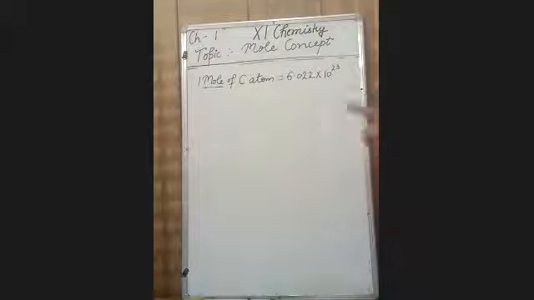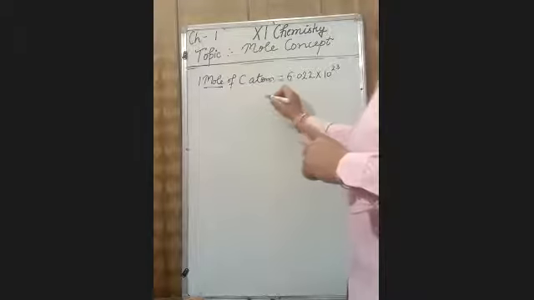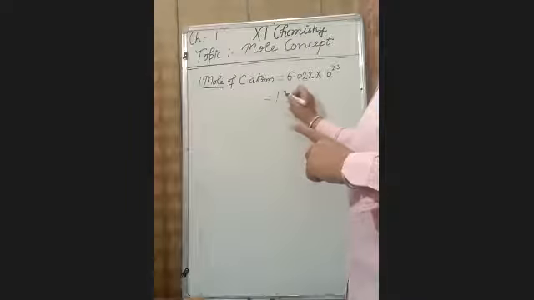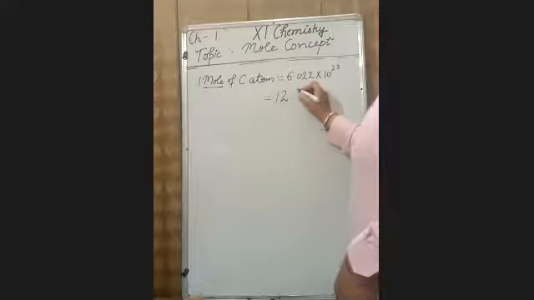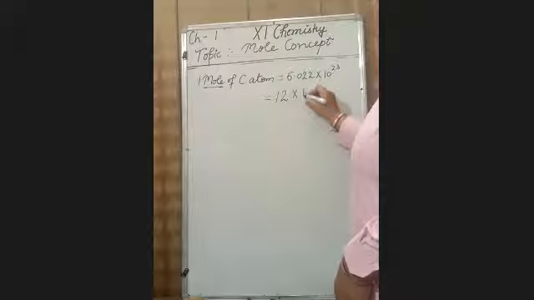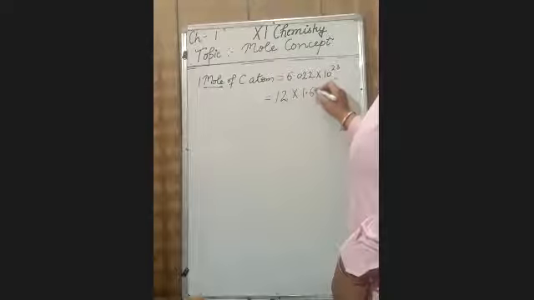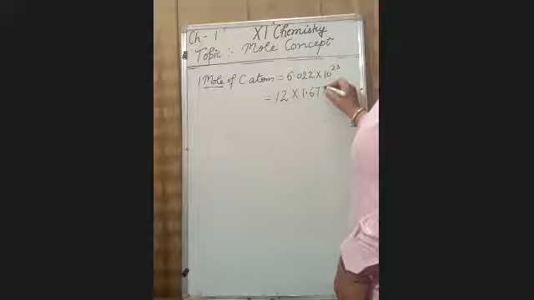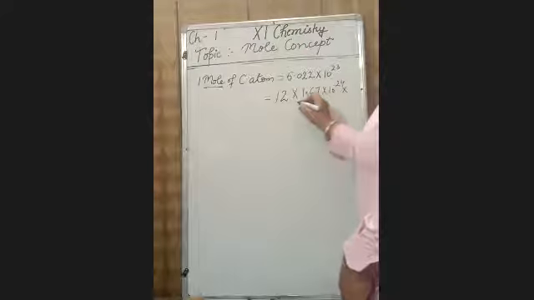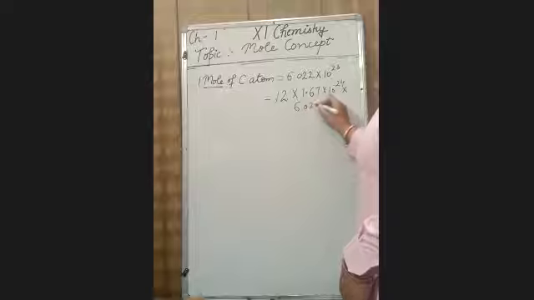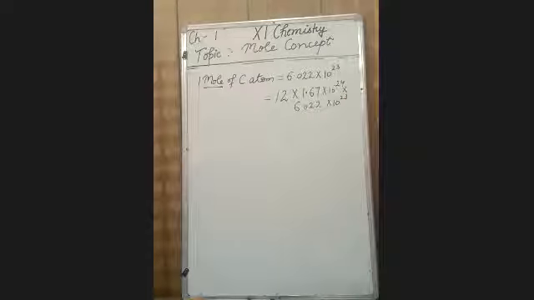And you know, the mass of 1 carbon atom is 12 AMU. 12 AMU means 12 into 1.67 into 10 raised to power minus 24 into 6.022 into 10 raised to power 23. When you solve this term, multiplying this by this nearly comes out to be 10.